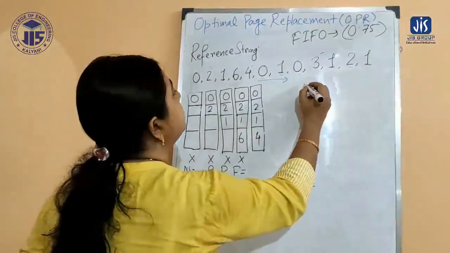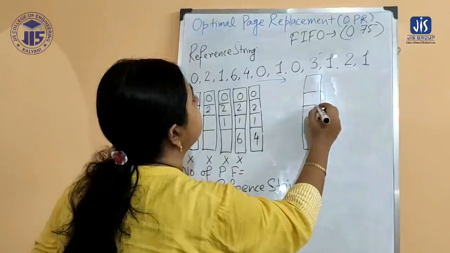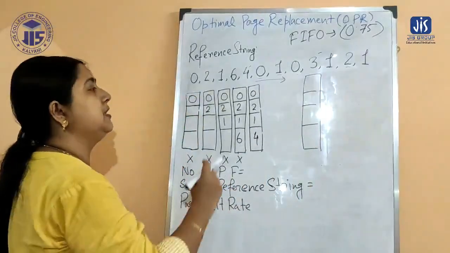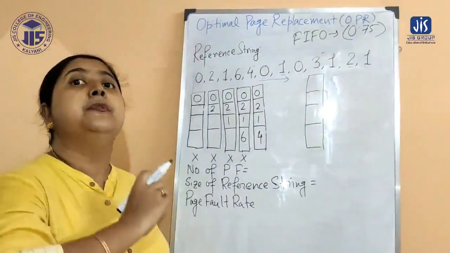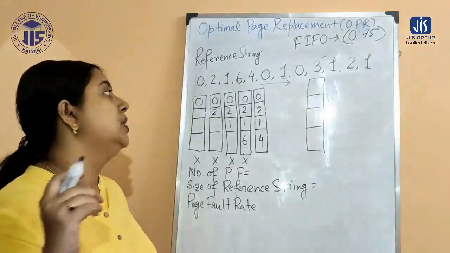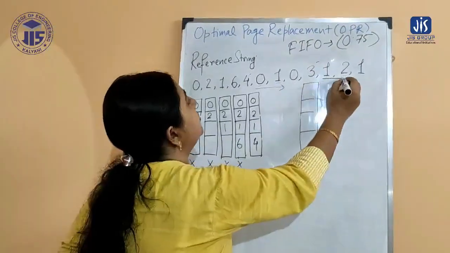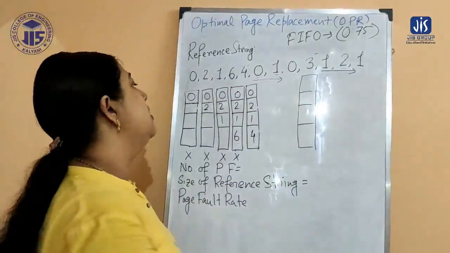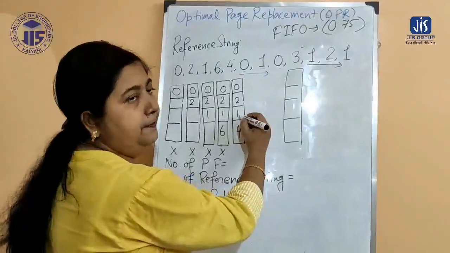So we need to replace a page. So 3 is going to be inserted in place of which frame? Obviously, the one whose reference is going to be used in the far future. So I am searching for that. Here 3 is here, so I am looking like this in future. After 3 I am going to use 1, so I cannot replace it.